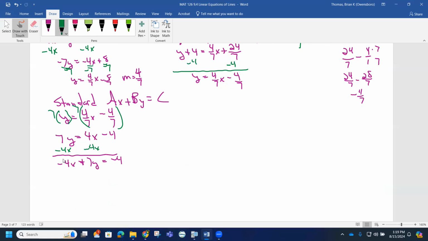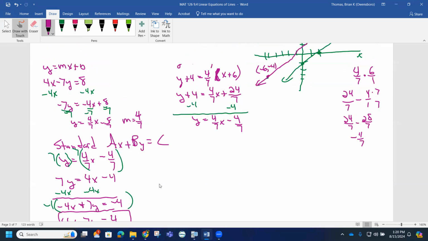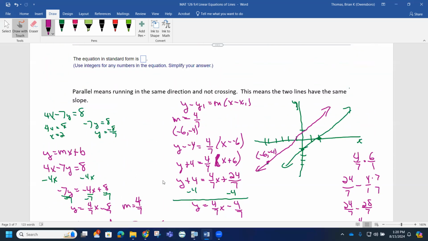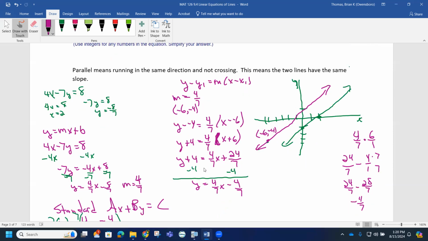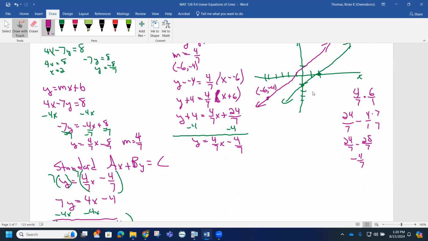So another thing we could do is multiply everything by -1 to switch all the signs. So standard form then turns into 4x minus 7y equals 4. That would be the standard form of the equation, so that's what they'd be looking for in this problem. That one's got a lot of work going on, so you may want to watch that video again to help you follow what's going on in that problem.